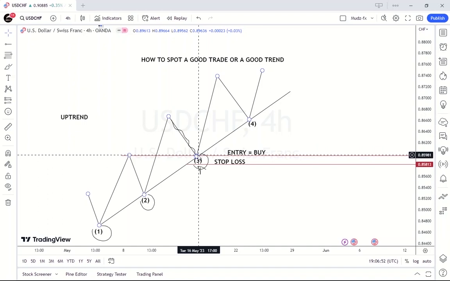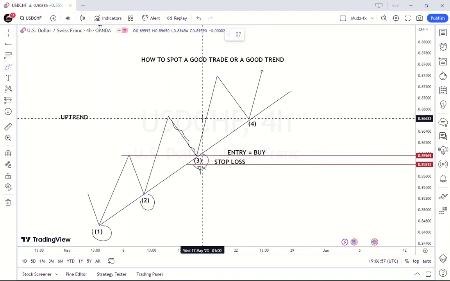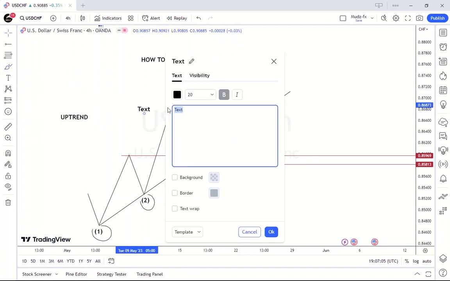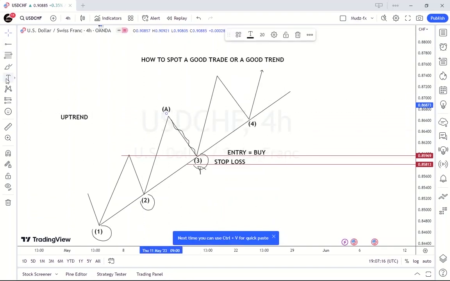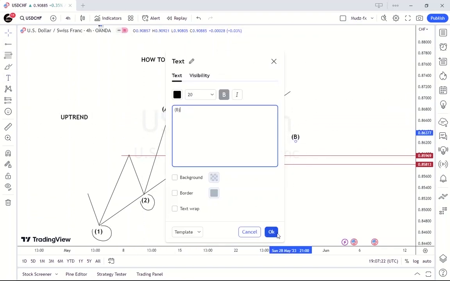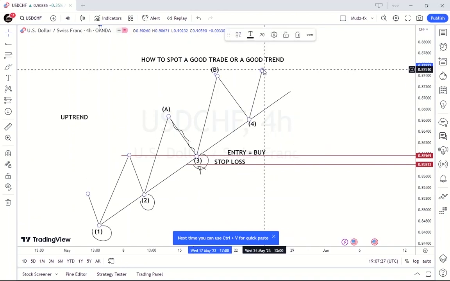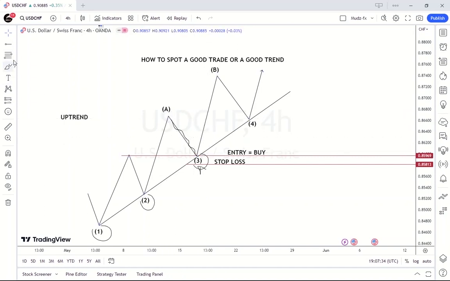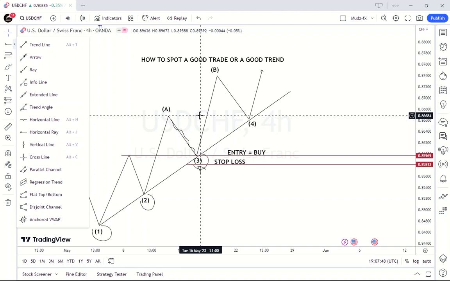Now you have to know where to push your take profit. After buying, you have to look for a resistance, and your resistance is gonna be where your high is.